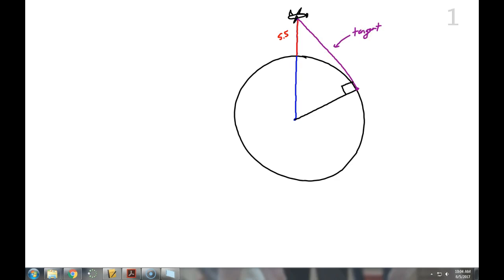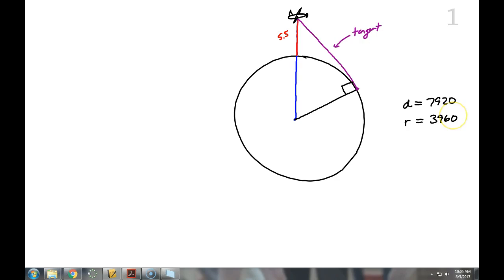Then they tell me what the radius of the Earth is. They say that the diameter of the Earth is 7920, which means the radius is half of that. What's half of that? Let's bust this out. 7920 chopped in half is 3960.